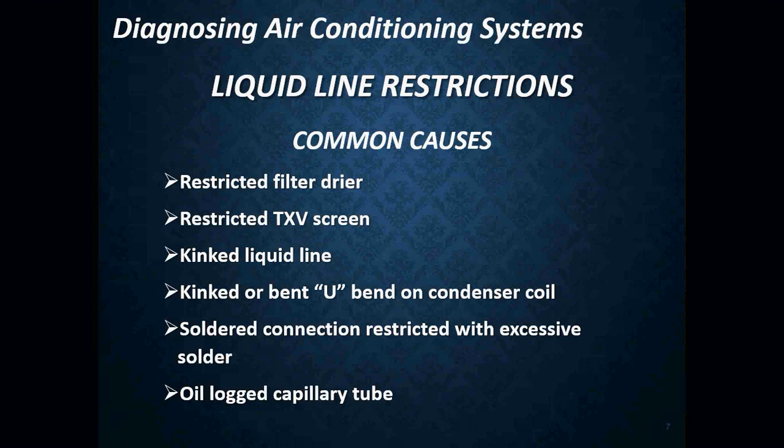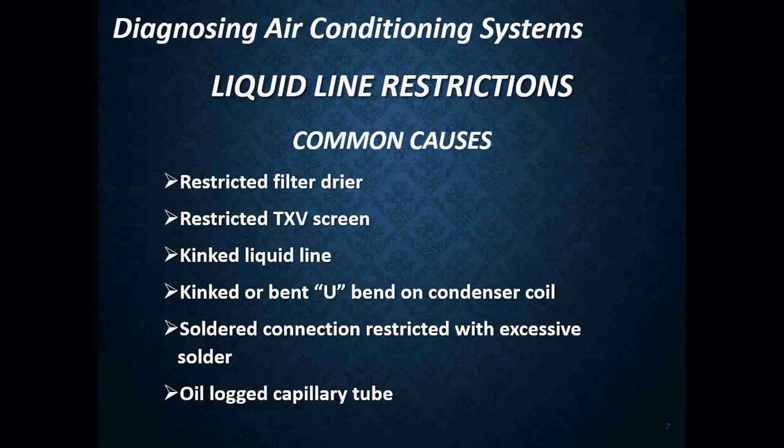So a restricted liquid line starves the evaporator of refrigerant. That's basically what's going on when we have a restriction in that liquid line, which causes lower pressures in the evaporator. If the evaporator is starved of refrigerant, you have to think about this: the compressor and condenser will also be starved.